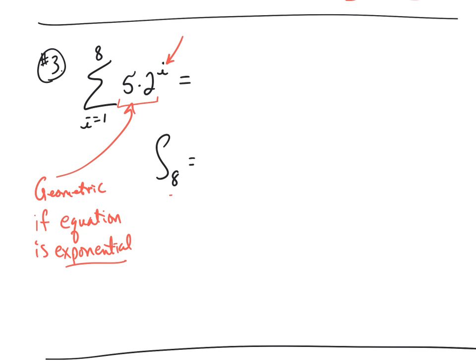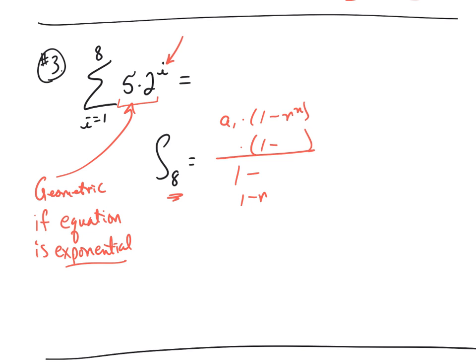And therefore I could ask you to find the sum of the first 8 terms. What we're going to do is take the first term multiplied by 1 minus r raised to the n, divided by 1 minus r. So we need 3 numbers: a1, n, and r. Do we have either of those right off the bat?